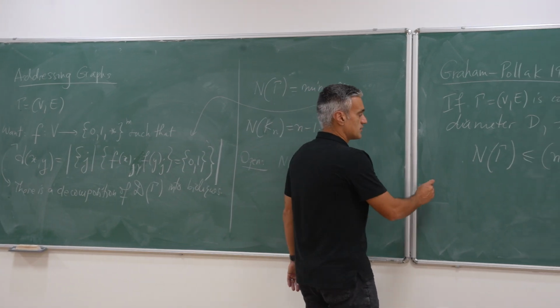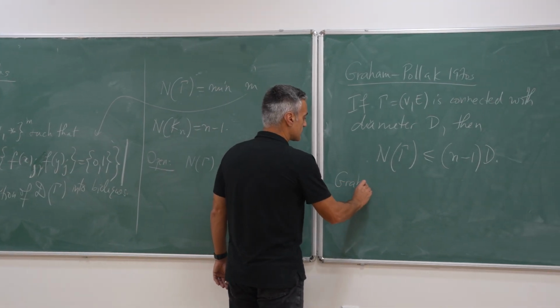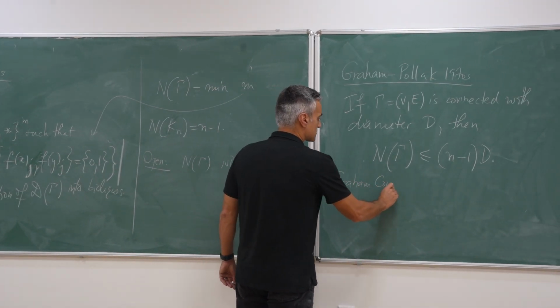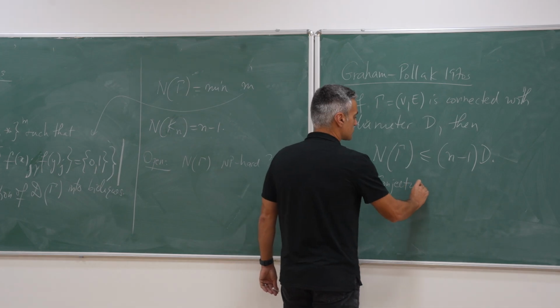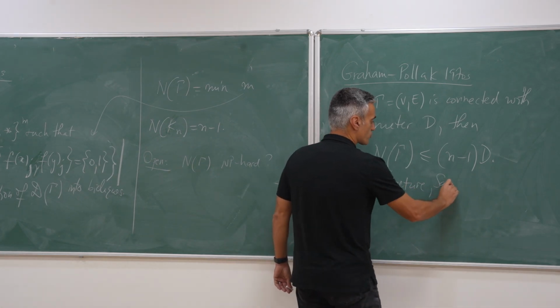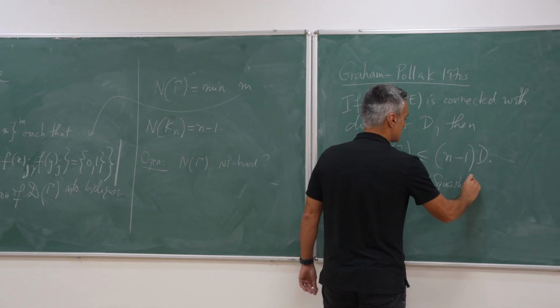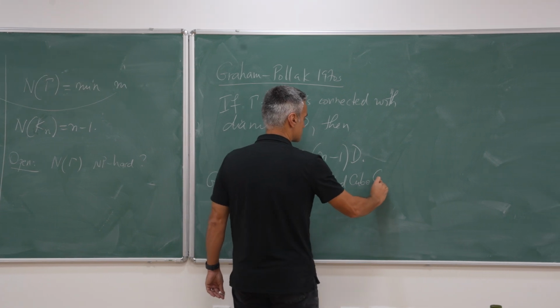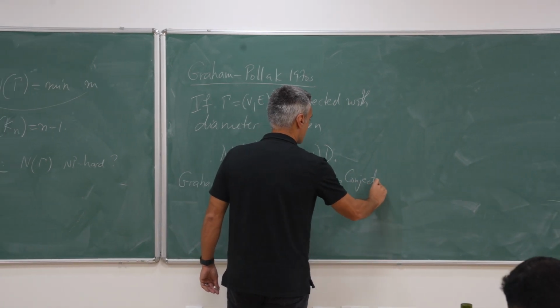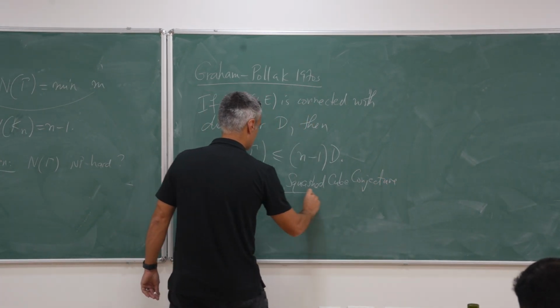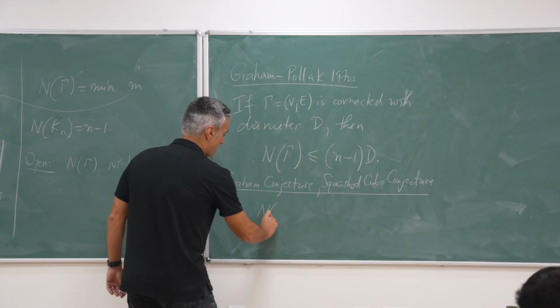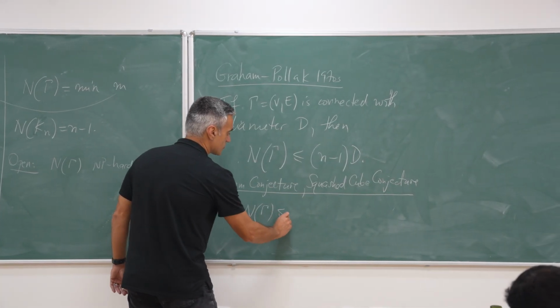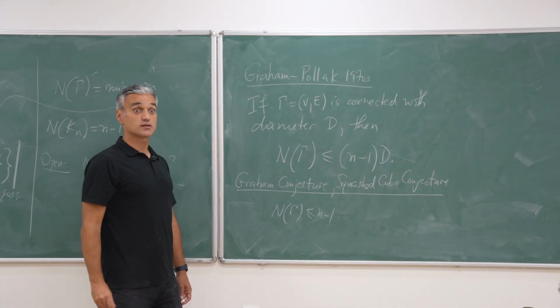I mentioned Graham later on made a conjecture, also known as the squashed cube conjecture, that n of gamma is less than or equal to n minus 1, where n is the number of vertices.